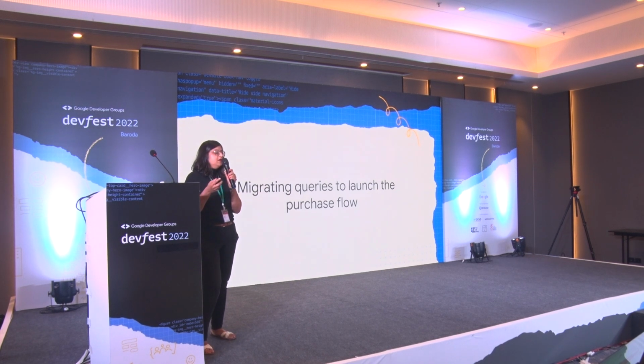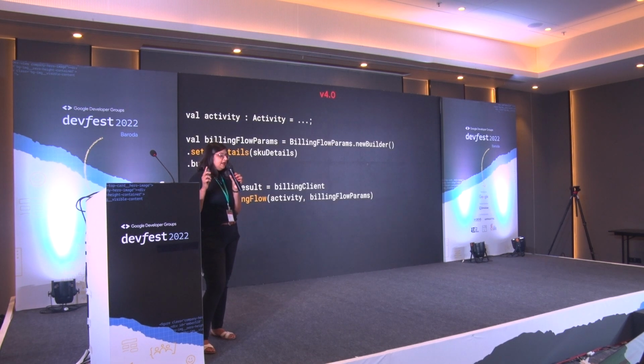Okay, so you have now given out a list of subscriptions to your users, and now your user is ready to subscribe to your application. So when they choose a particular subscription or offer in your application, next you need to start the billing flow for your user. Before version 5.0, it was SKU details and launch billing flow.